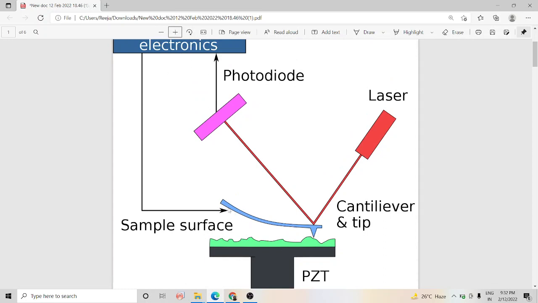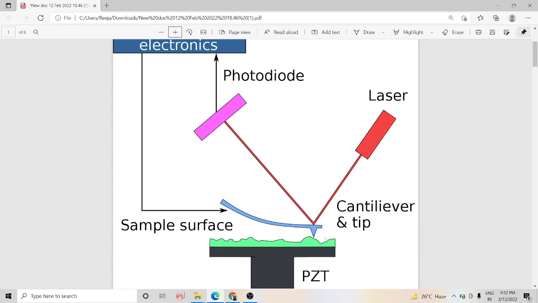Now, since the length of the cantilever is very small and the distance between this cantilever and the detector is very large, so what will happen? The deflection of the cantilever is magnified several times in the detector.